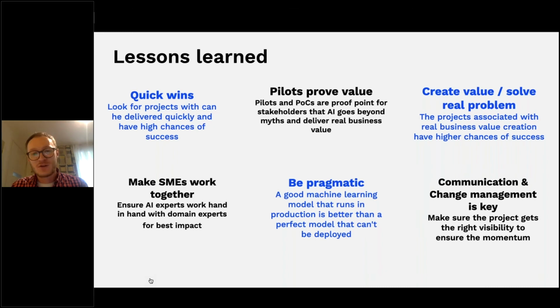We quite often call those profiles in our company translators, who can talk about AI in business language. But also, AI brings quite a lot of change. So being able to manage that change, and quite often also cut through the resistance, is one of the key factors for being successful.